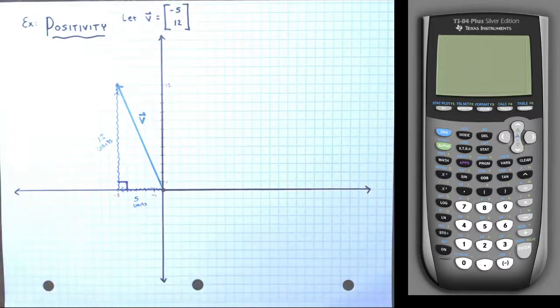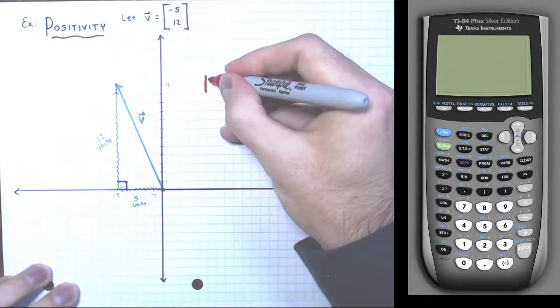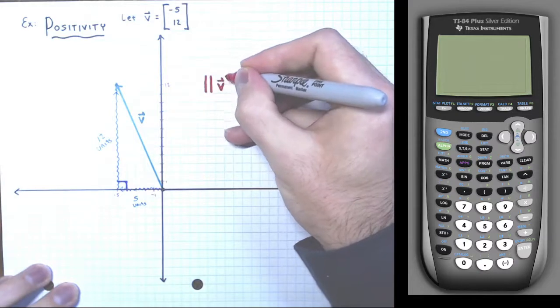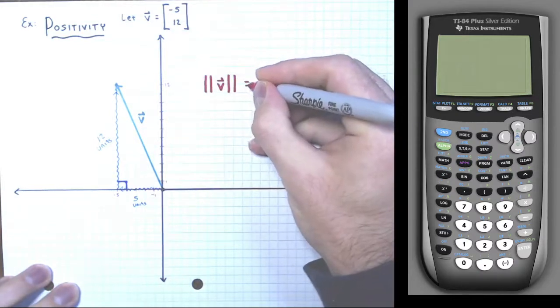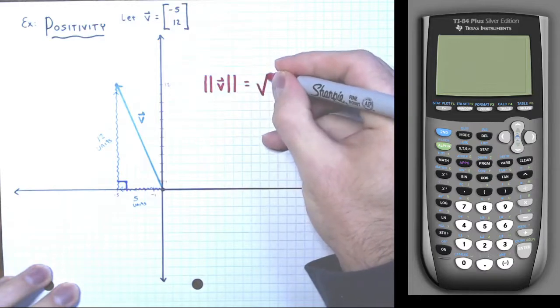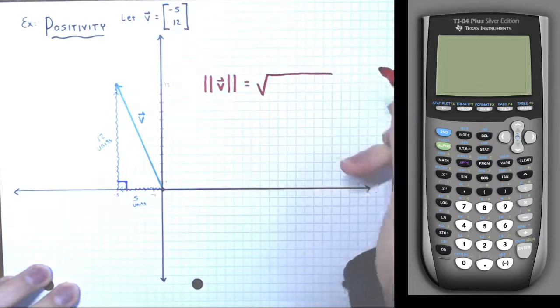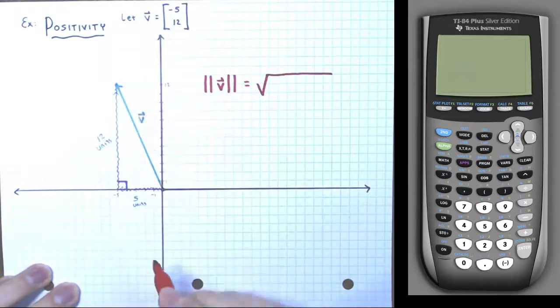Okay. So the magnitude of V, or the norm of V, the length of V, however you want to say that. Now I could use the little formula, but again, the formula is just coming from the Pythagorean theorem.